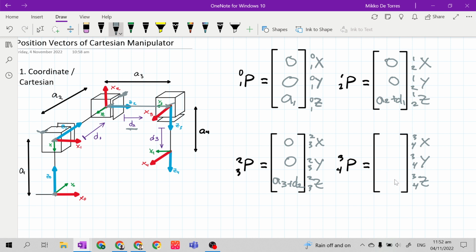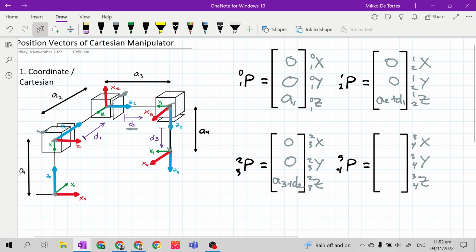Next, we are at P34, or the position vector of frame 4 relative to frame 3. That is the right way of reading this. The right way of reading P23 is the position vector of frame 3 relative or reference to frame 2.